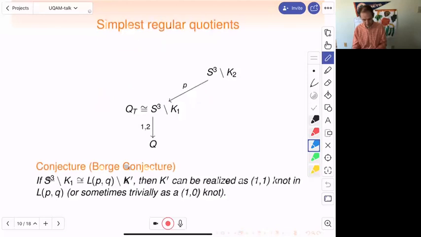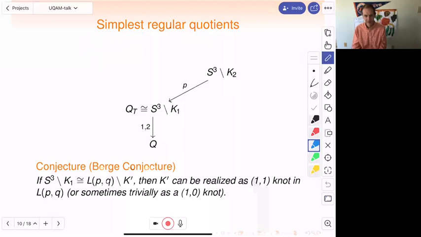Okay, and so the first thing that we could do is just assume that we have a knot complement for QT, so that this thing that's covered by multiple knot complements, actually part of the diagram collapses, and we have a knot complement that's covered by another knot complement.